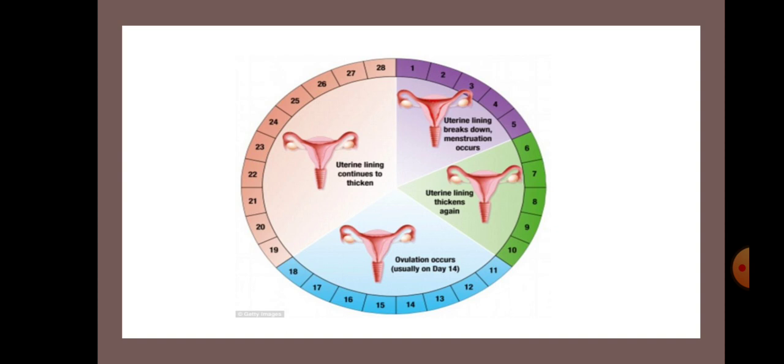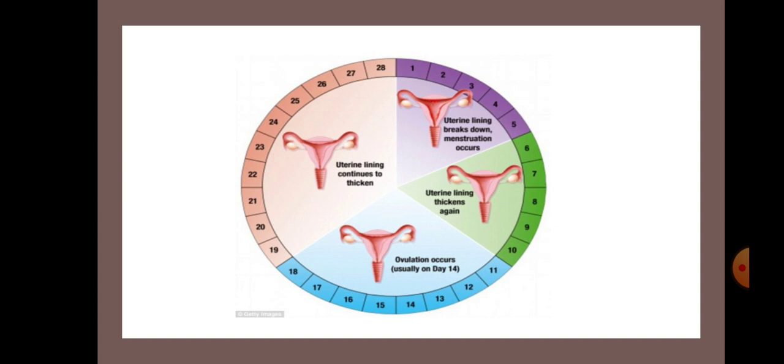This takes place with the help of the cilia of the fimbriae. Fimbriae are finger-like projections observed at the end of the fallopian tube close to the ovaries. The cilia are hair-like projections found on the fimbriae.